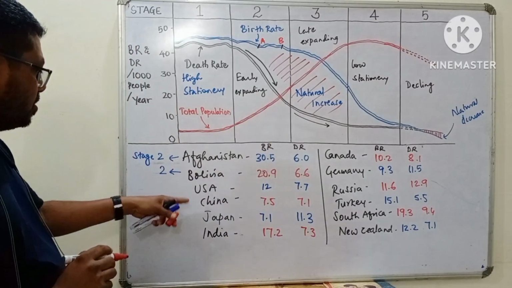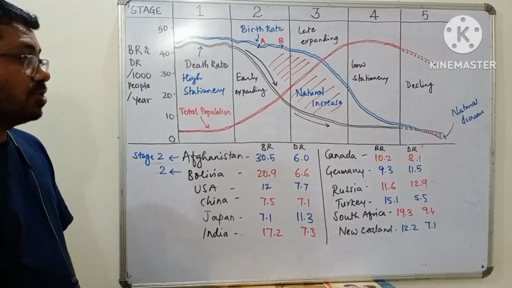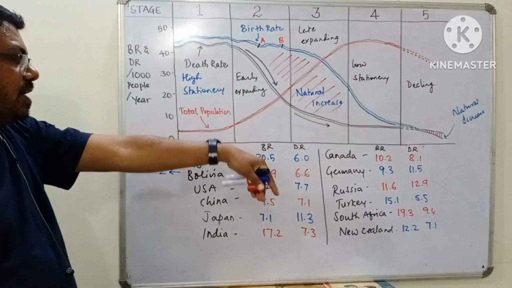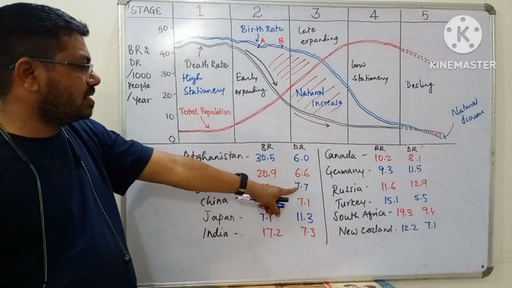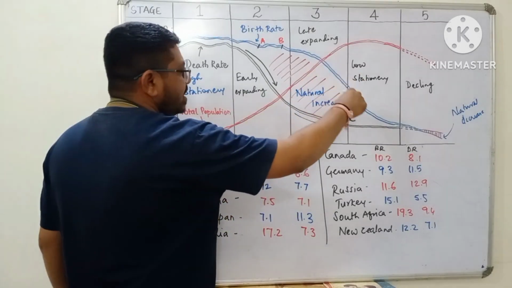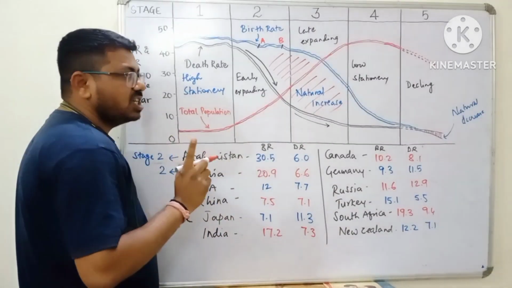Okay, let me put it over here: this is Afghanistan, this is Bolivia. Now let us see the third country, USA. USA's birth rate is 12, death rate is 7.7. So very interesting: the birth rate is falling and the death rate is also low. USA is somewhere in stage 3 to stage 4.